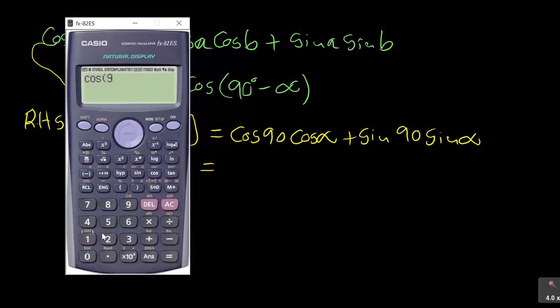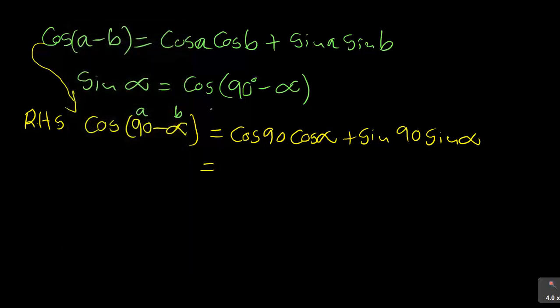So cos 90, you must know that cos 90 is equal to 0. And what about sine 90? Sine 90 is equal to 1. So what you have further is the same as saying 0 times cos that plus 1 times sine that.